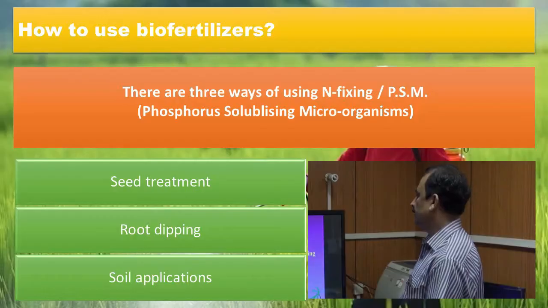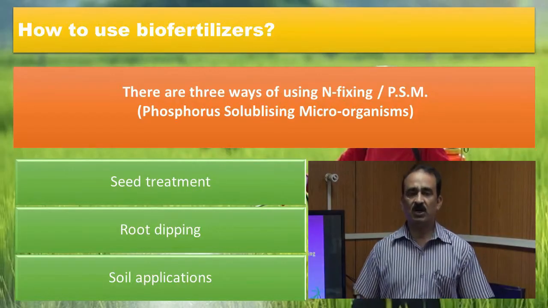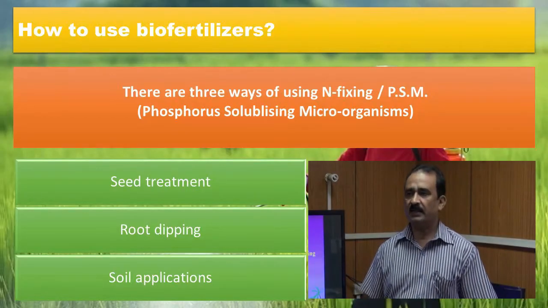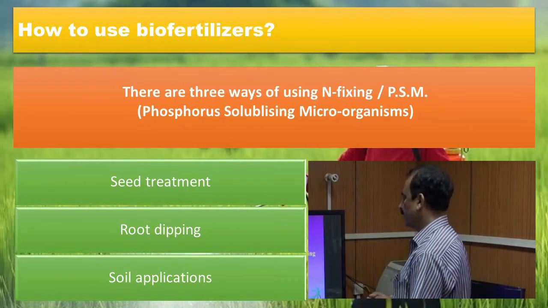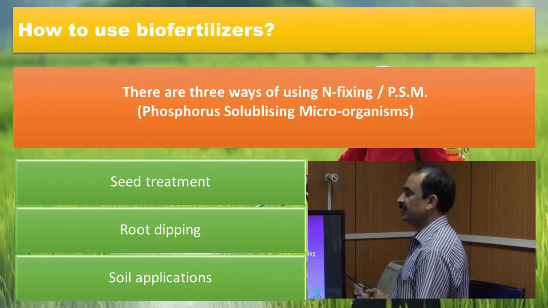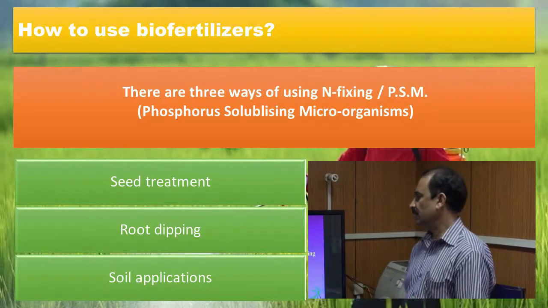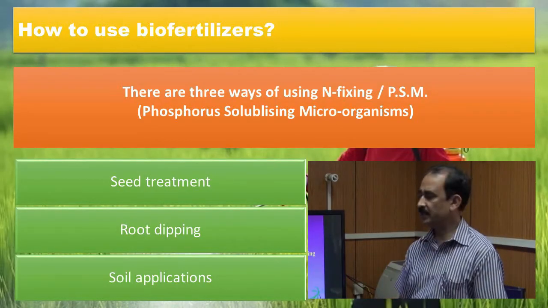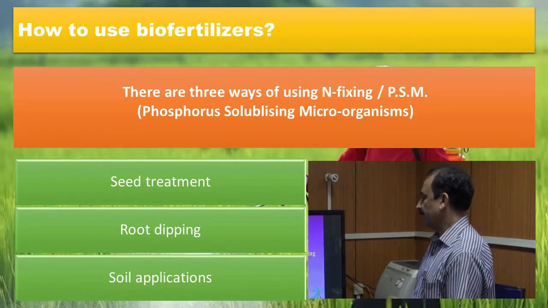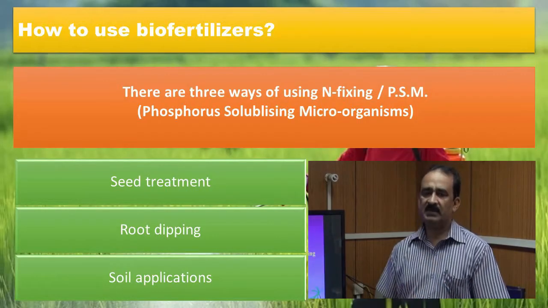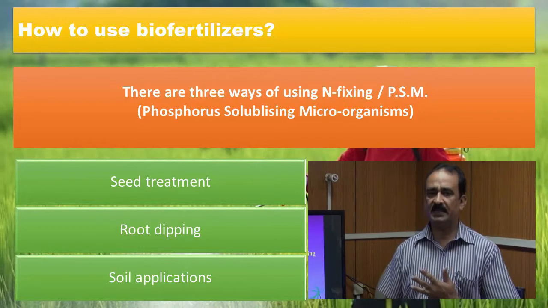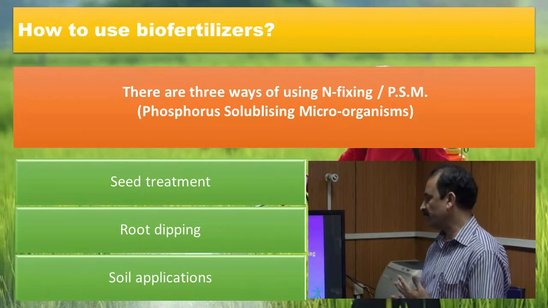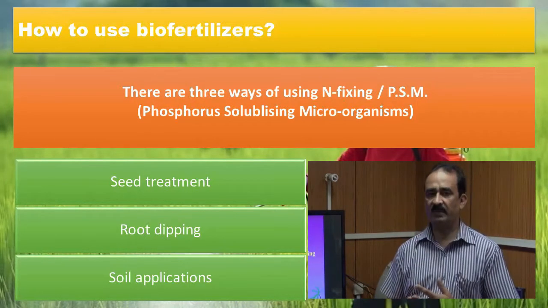Come to what is the use, how to use this biofertilizer with the seed. So there are three ways of using it for the nitrogen fixer, phosphate solubilizer. The first one is seed treatment, second one is root dipping, and third one is soil application.